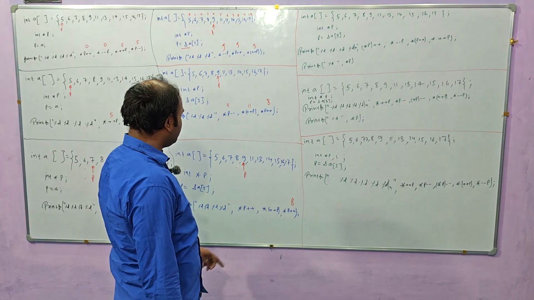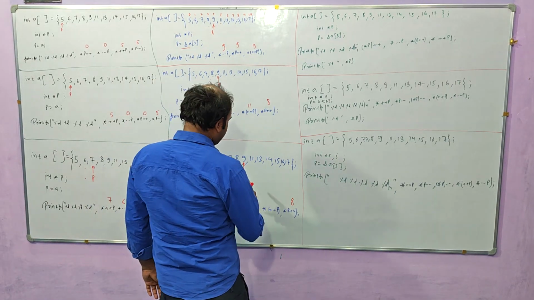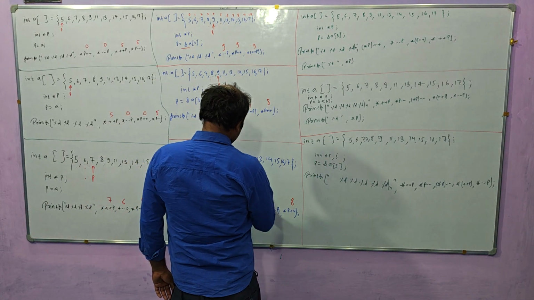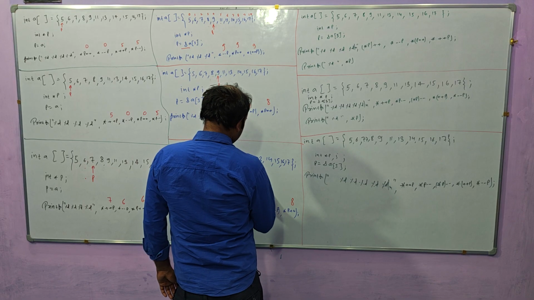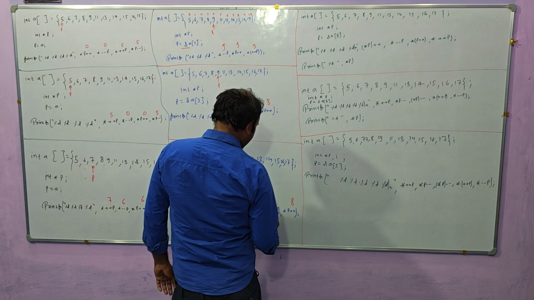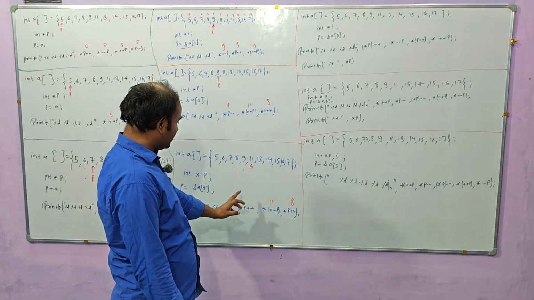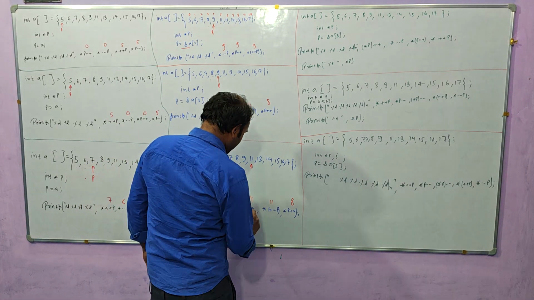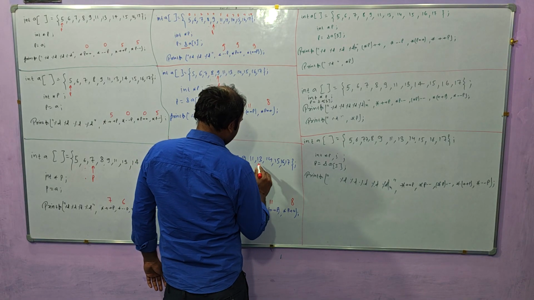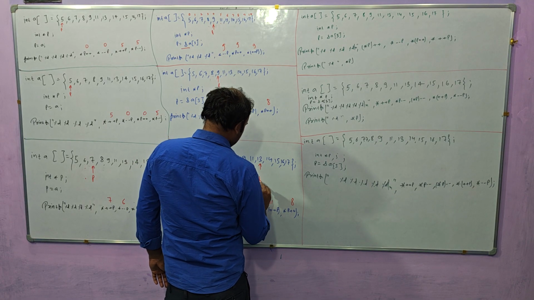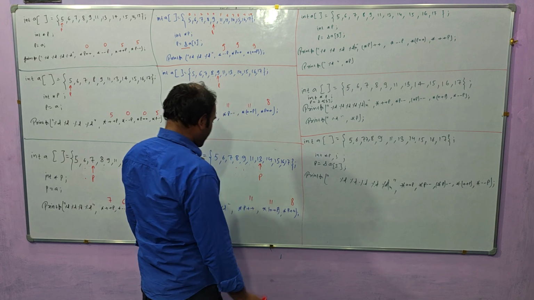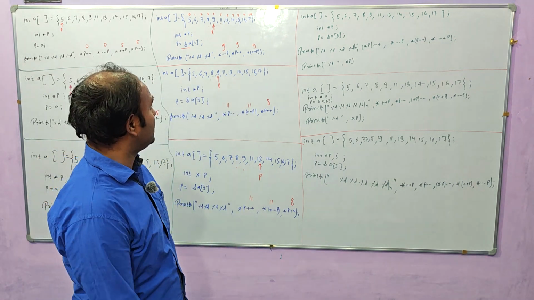Again *++p means it points to 11 and gives value 11, and then its value is 11 and pointing to 13. We have values 8, 11, 11.